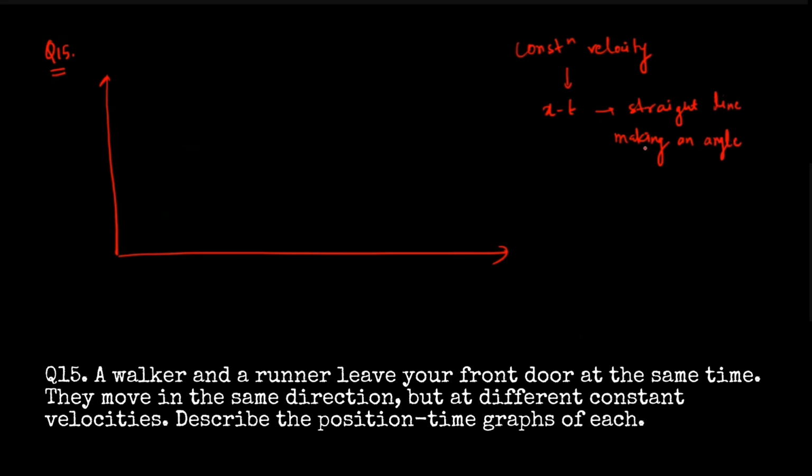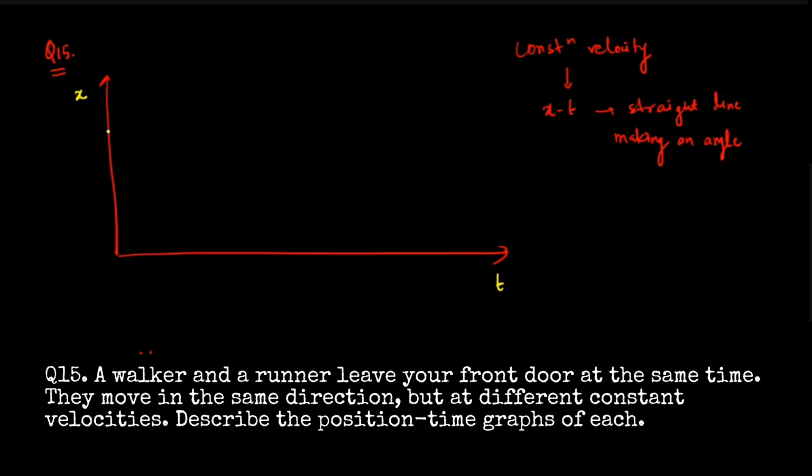So what you need to understand here is that the angle it will make is going to be different. For example, suppose a person at home at this point A has to reach school. One walks, the other runs. Who is supposed to reach the point B faster? The runner.